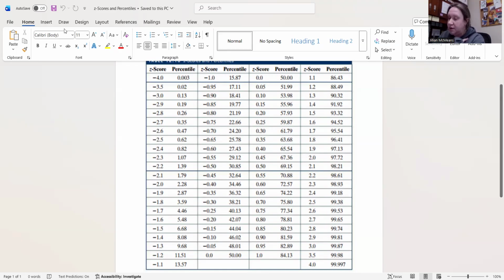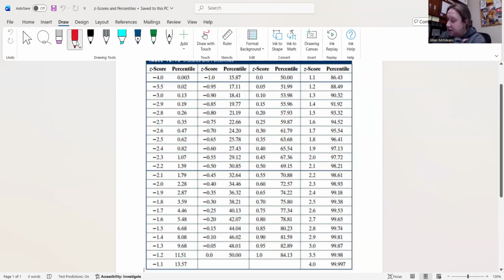So let me actually draw your attention to it. There's our z-score of 1, okay? Its corresponding percentile is 84.13. This percentile represents the percent of data that fall below our data item, okay? So we've got 84.13. Let's go back to our worksheet.